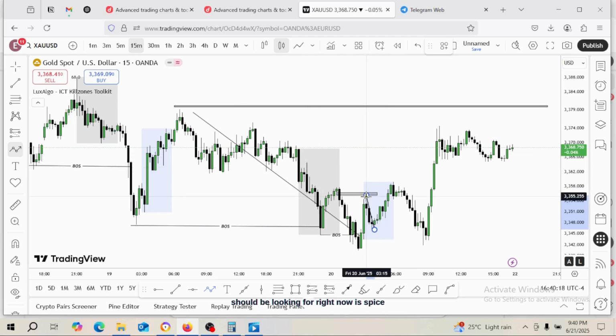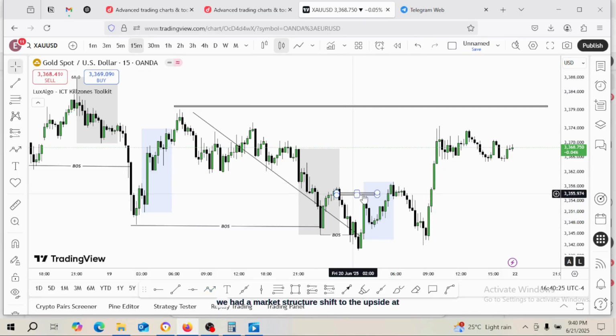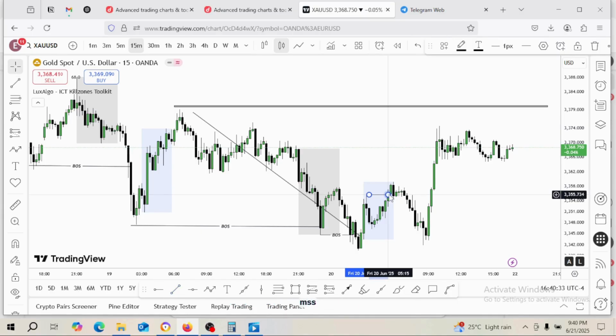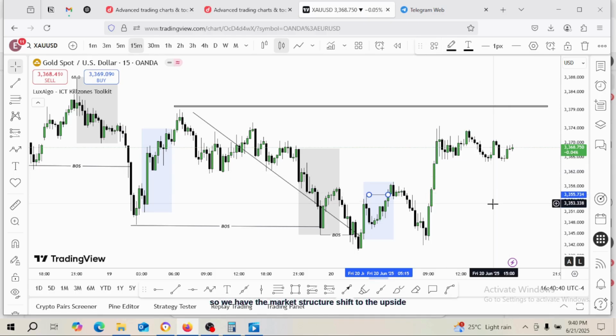So all I should be looking for right now is buys. We had a market structure shift to the upside at this point. This was our market structure shift to the upside, MSS. Good.